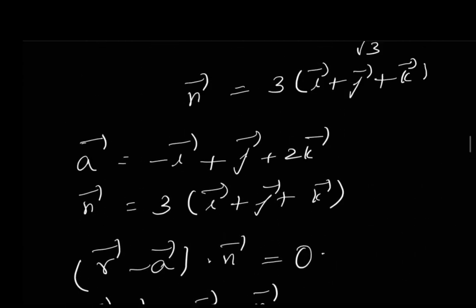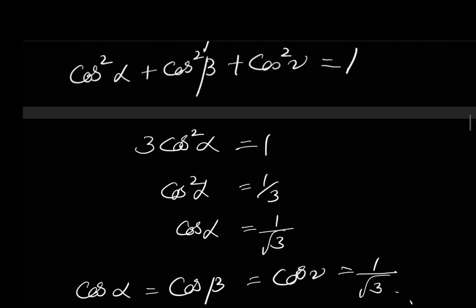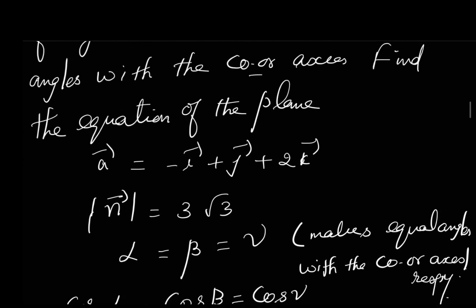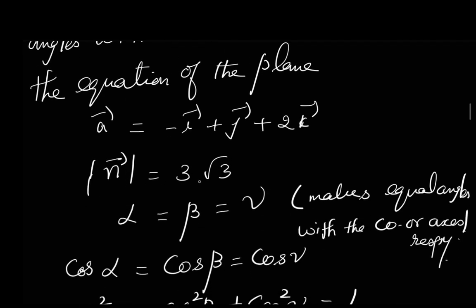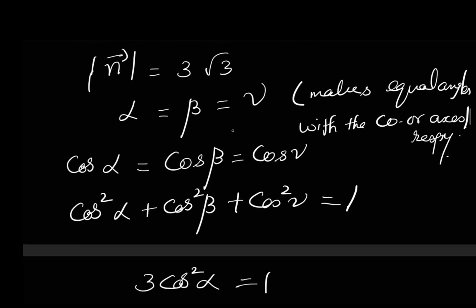You can just go through this. The important given points are that the plane passes through the given point, and the magnitude of the normal vector is given, and that the normal vector makes equal angles with the axes.